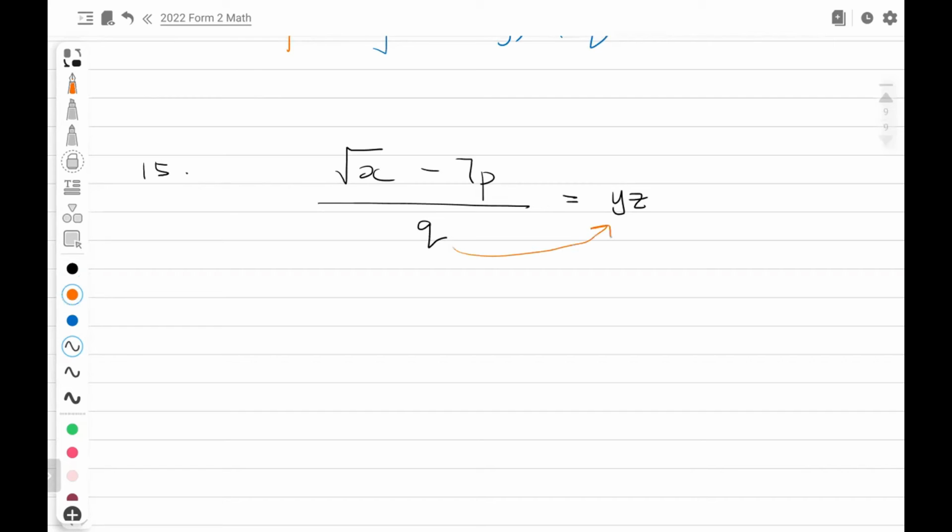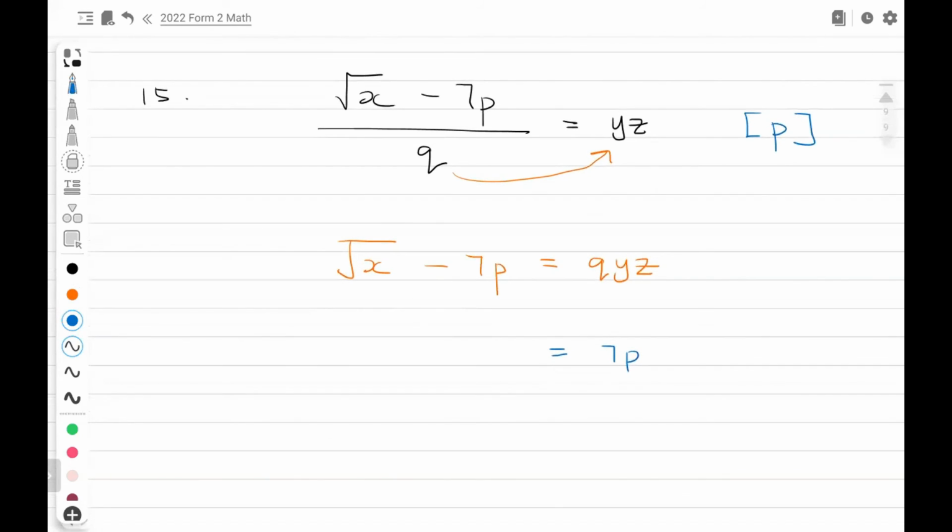Move the Q first. Okay, then we copy square root of X minus 7P equals QYZ. Now only you can move negative 7P to the back so that it becomes positive. Here equal to positive 7P. Don't forget we want to make P the subject.